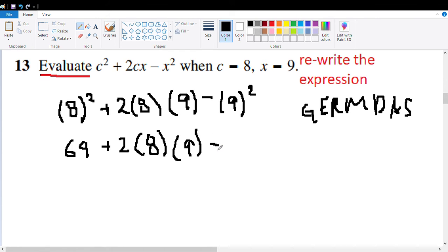And first thing first, is the negative included with the 9 squared? No, so we're just going to focus on 9 squared, which is 81.